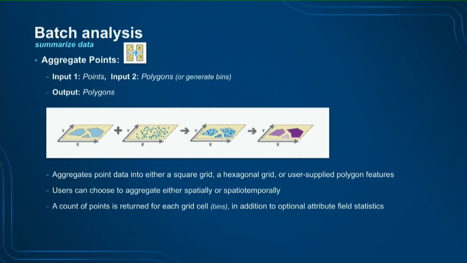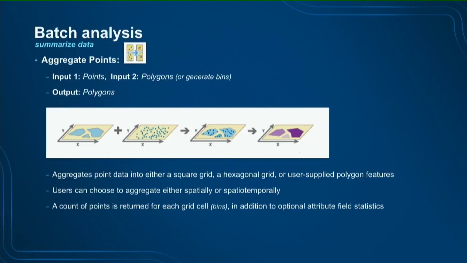The output of this are polygons that represent the aggregated result, so they have a weight against them that describes the aggregation. And if you're doing it into bins, it could be a square grid, a hex grid, or if you specify polygons, you can get your polygonal feature back. And users can choose to aggregate these either spatially, or you can add that time dimension as well.